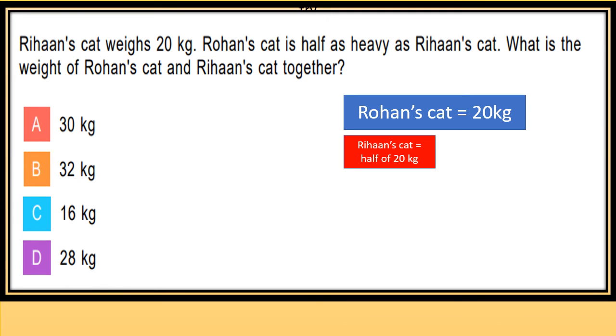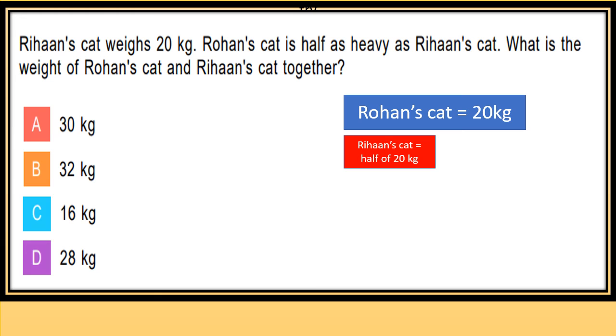Rihan's cat weighs 20 kg. Rohan's cat is half as heavy as Rihan's cat. What is the weight of Rohan's cat and Rihan's cat together? Now Rihan's cat is 20 kg and Rohan's cat is half as heavy as Rihan's cat.